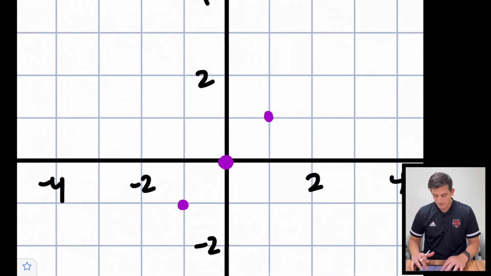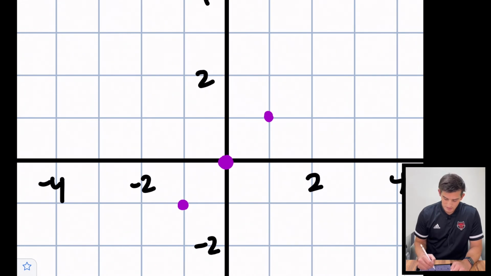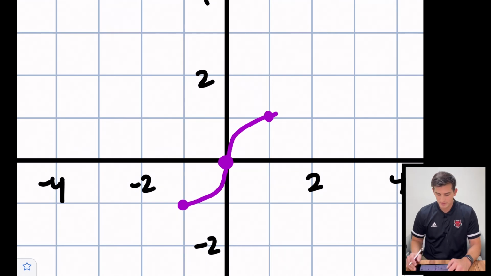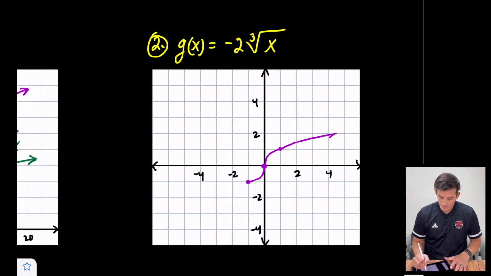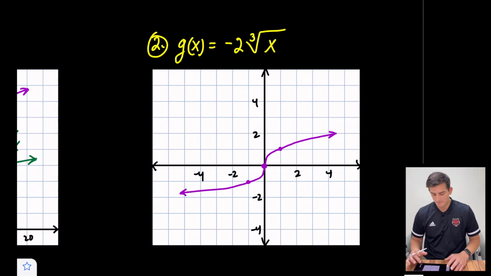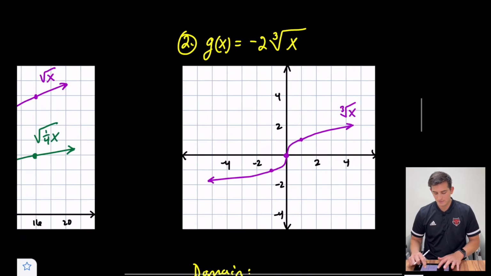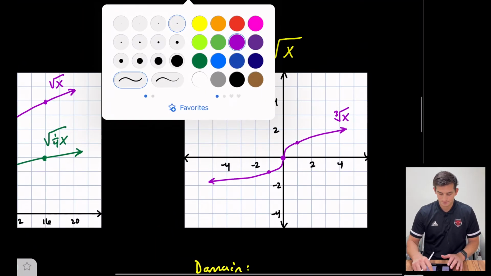As we get closer to the center, we go up really close to the y-axis, kind of hugging it, till we get down here. Now we can continue our graph like this. So this would be the cube root of x. We haven't done anything to this yet.